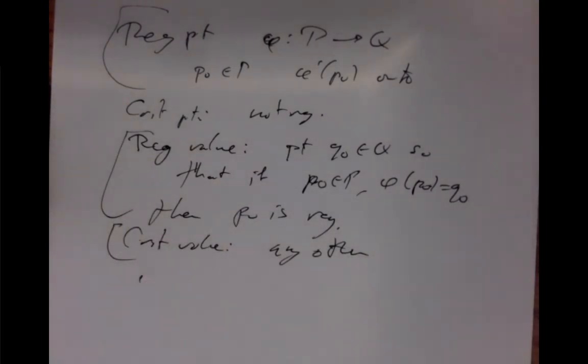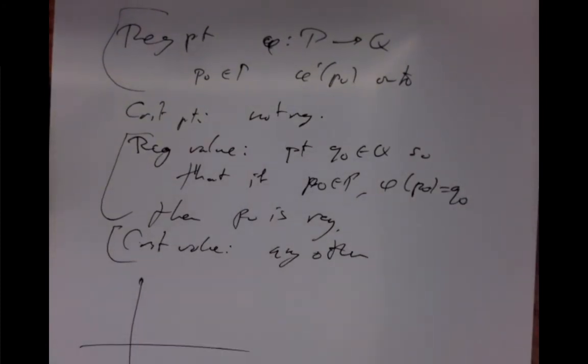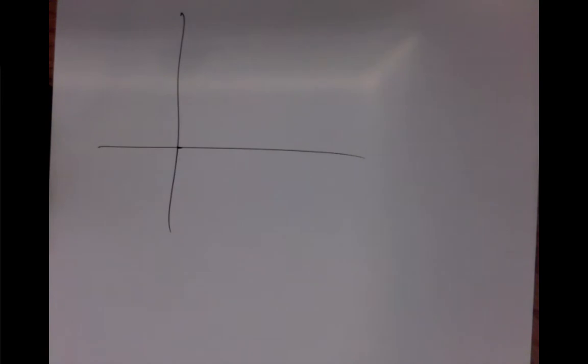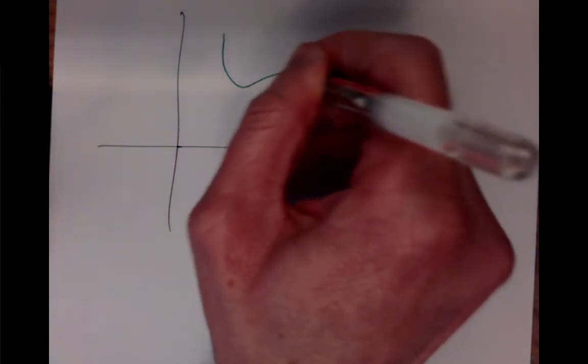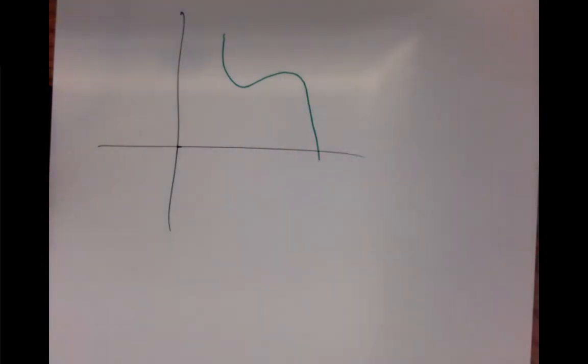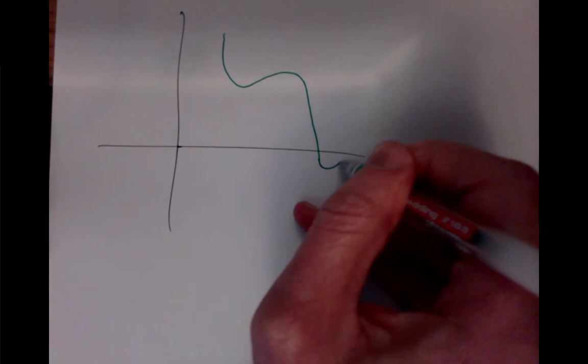Okay, let's take simple pictures of these in one variable calculus to see what we're talking about. Let's draw another page of paper. If we draw a simple one variable function, basically the same function we already drew, it has some critical points. There's a critical point here, and I might want to put another one in.